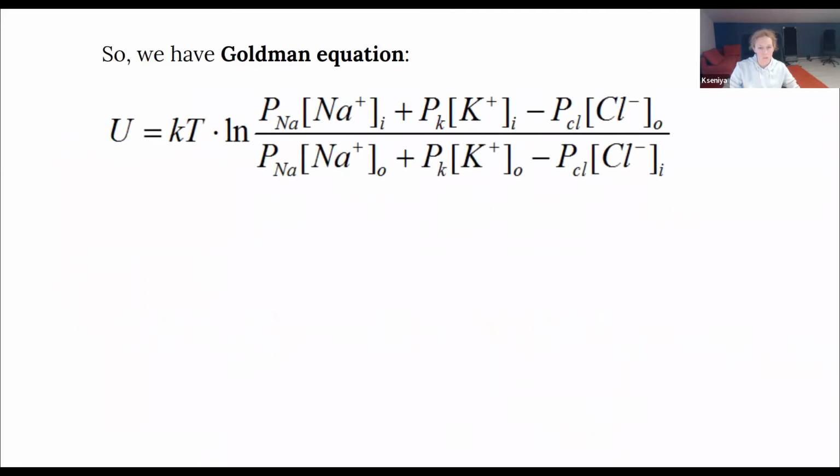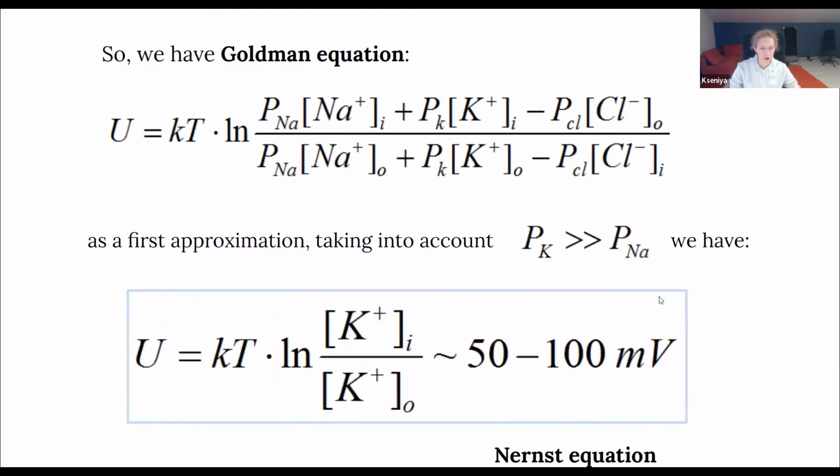In the first approximation, we take into account that P potassium is much larger than P sodium, and so we have this equation.